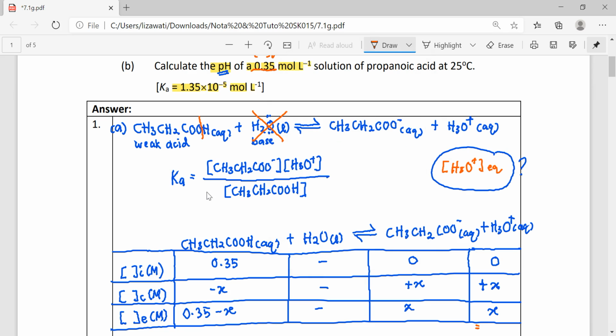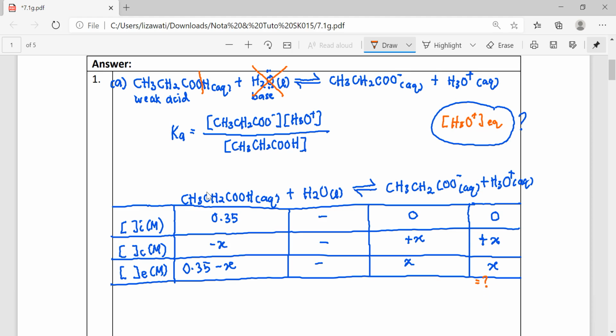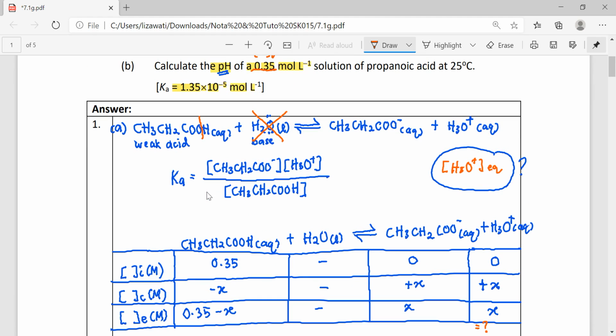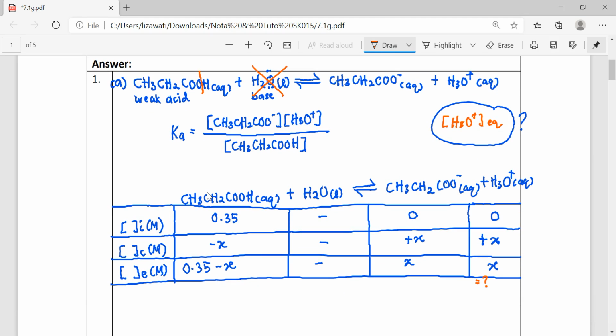What is the value here? The Ka is already given. So when we want to solve for the value of X, you have to refer to the Ka expression, and find the concentration of the products as well as the reactant.